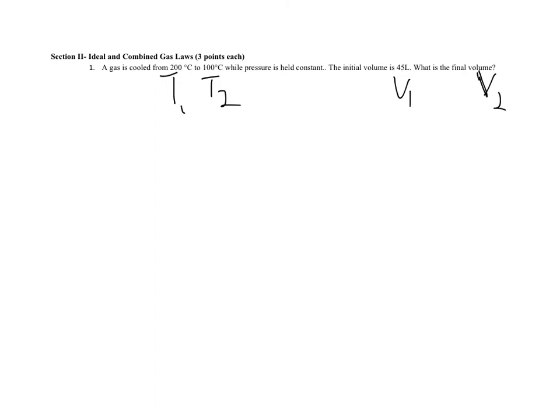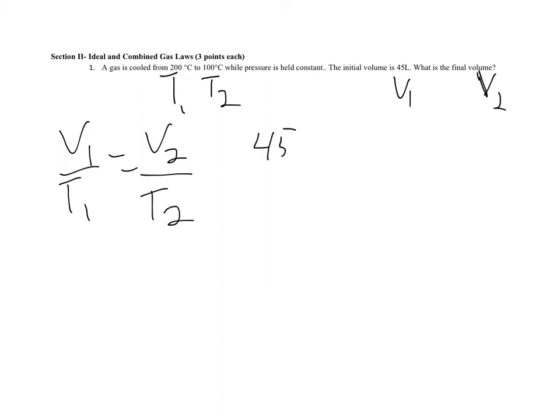So this is going to be using Charles's law, which says that V1 over T1 equals V2 over T2. I can plug in the numbers that I have. The volume is 45 liters, and the temperature to start with is 200 degrees Celsius. Now we have to add 273 to convert to Kelvin, so it's 473 Kelvin.